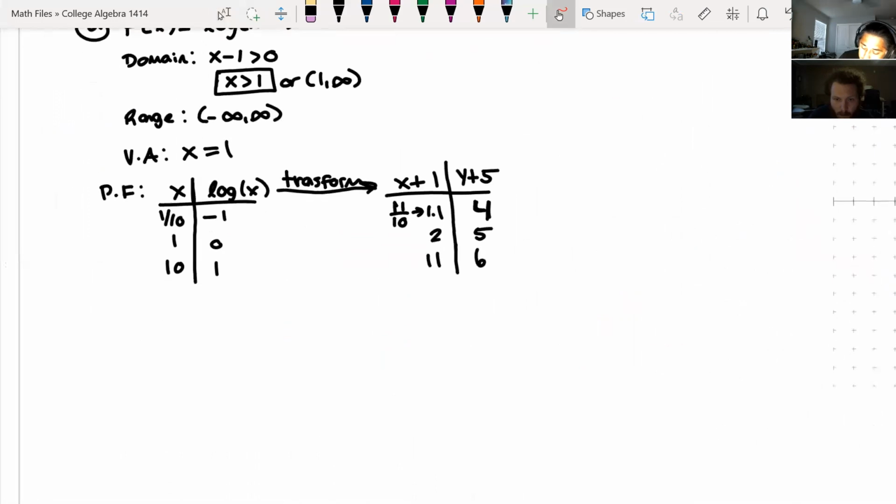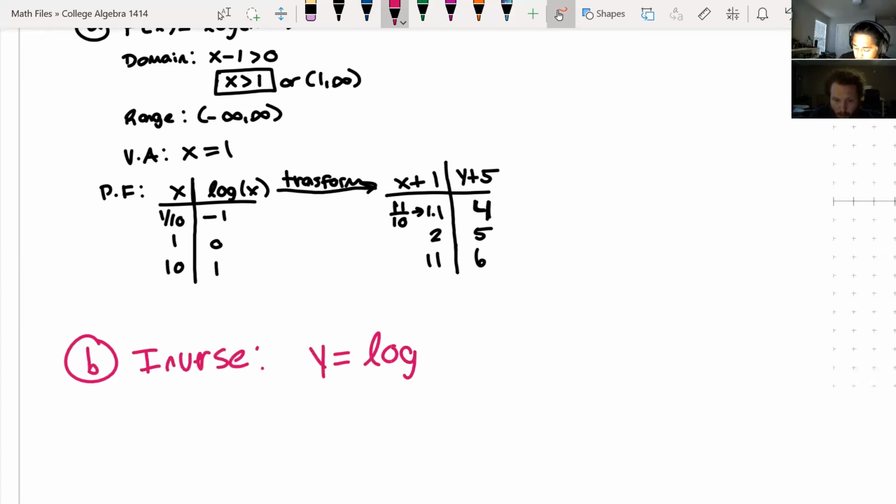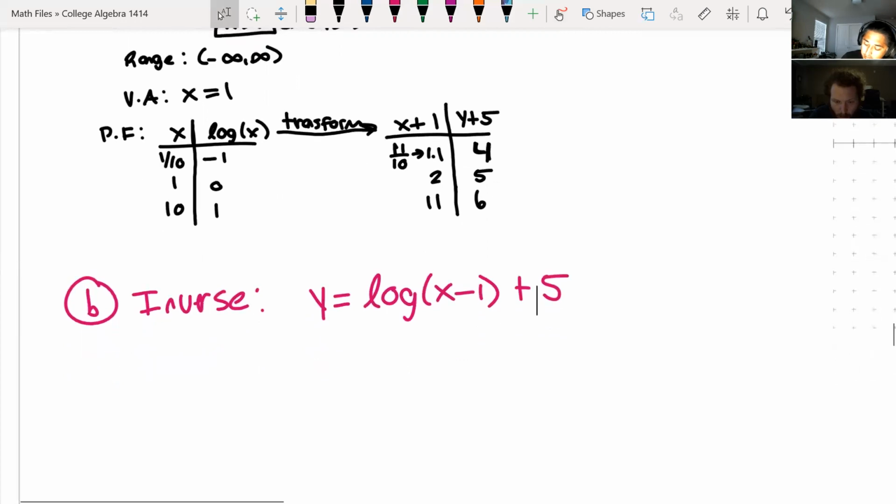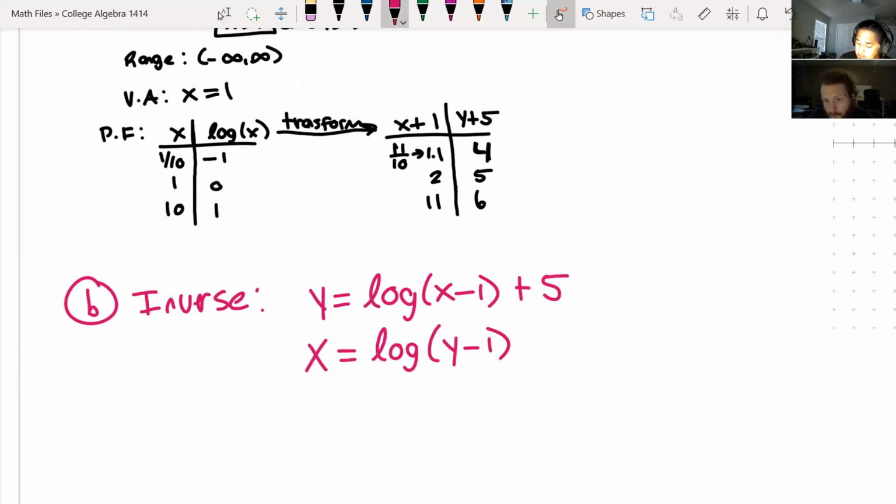Okay. So B, the inverse. Let's get started. So we're going to put this as y equals log of x minus 1 plus 5. And then we're going to interchange and get x equals log of y minus 1 plus 5.